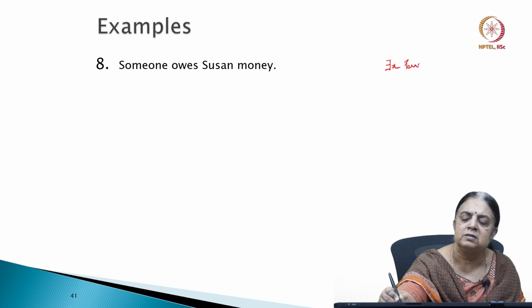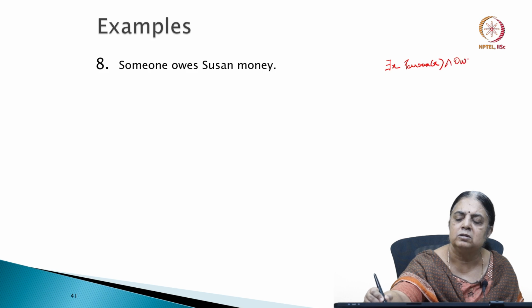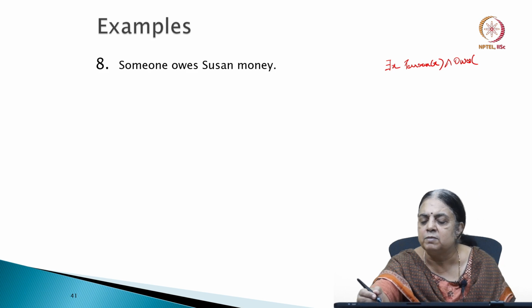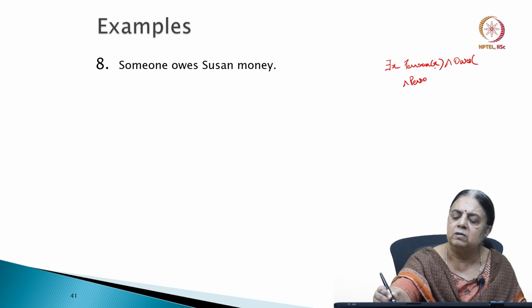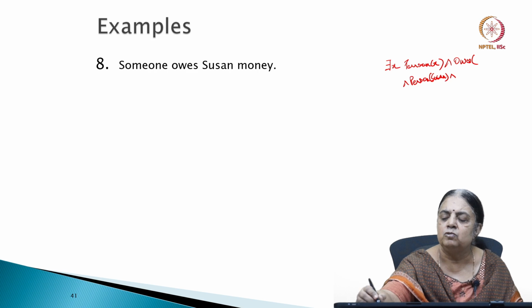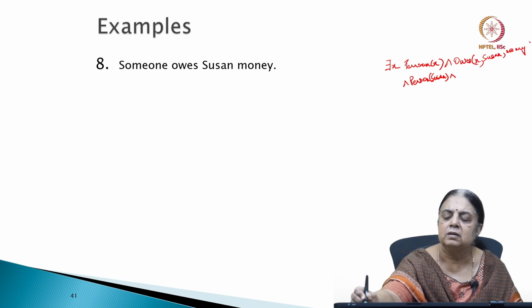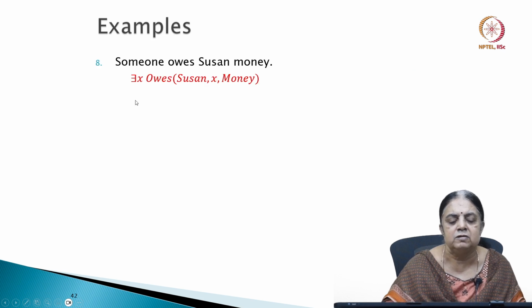This is a person X and owes, and we can also say person Susan if you want, and owes X Susan money. There exists X such that owes Susan X money.